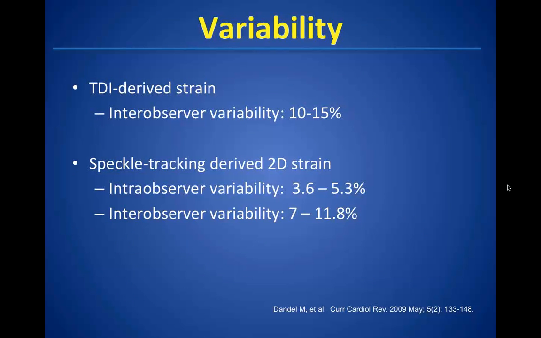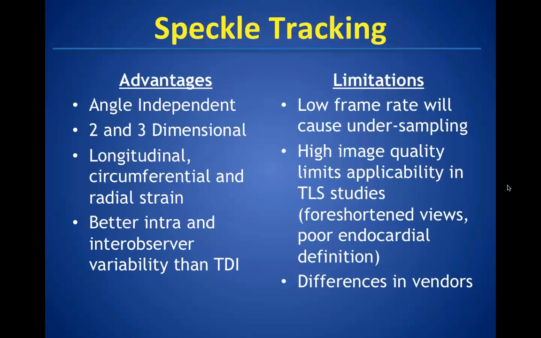The variability between tissue Doppler imaging and speckle tracking is shown here, in which the inter-observer variability is better for speckle tracking. And so the advantages of speckle tracking, again, are that it is angle independent, can provide both 2 and 3 dimensional values.